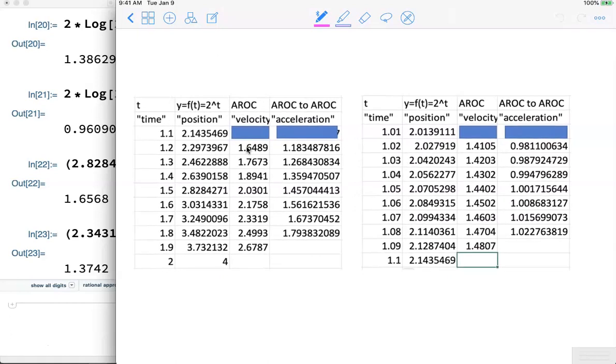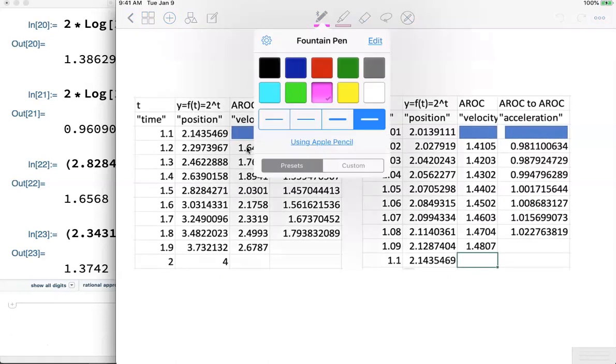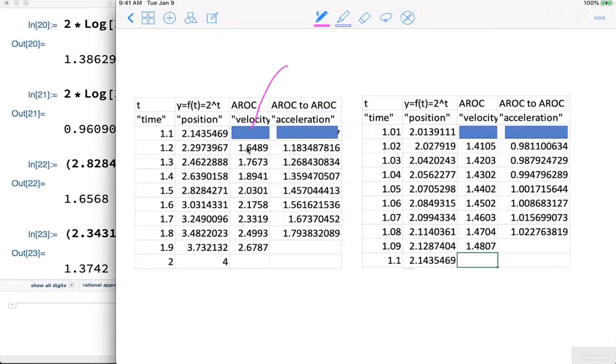I will let you take a moment to fill in the blanks. What we can see here from these two blanks is that we're taking h equal to 0.1 in this column, and in this table h is equal to 0.01. Now remember what numbers we're shooting for.